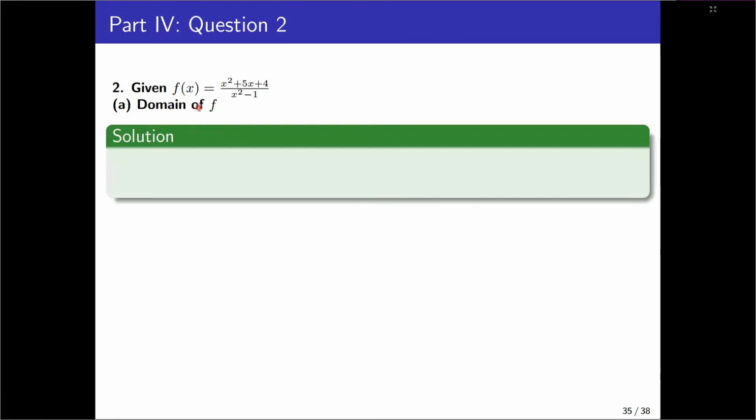We know that the domain of a given function is the set of real numbers without the elements that can make the denominator, in this case x squared minus 1, equal to 0. And the denominator x squared minus 1 is equal to 0 for x equal to plus or minus 1. So the domain of the given function is R without the set containing minus 1 and positive 1.